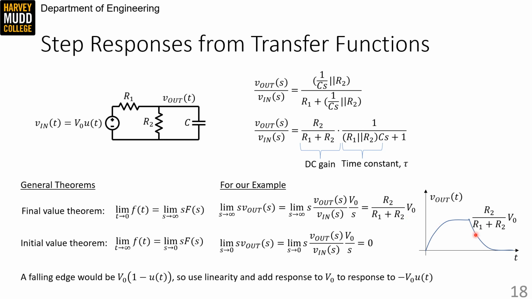Which shifts our response up by this quantity and results in a falling edge that is continuous with our previous value. The big takeaway there is that the initial value produced by your initial value theorem has to be added to the value of your waveform right before a step comes in.